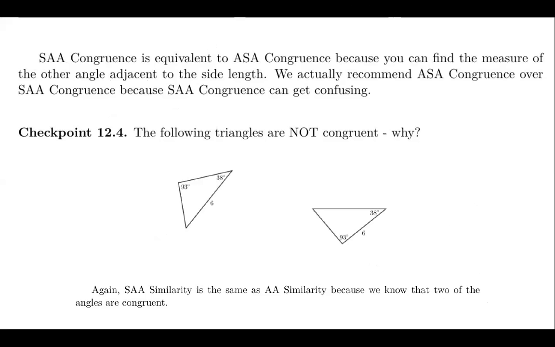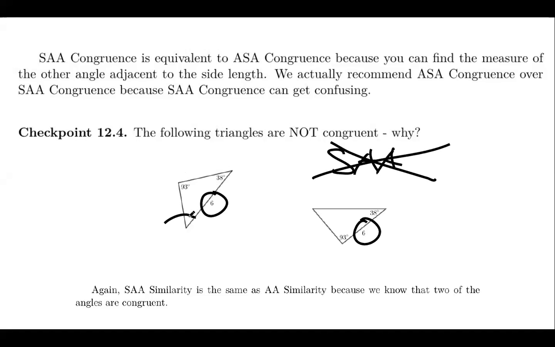Nancy says the side length is not between the angles. Right, so in this one, 6 is between 93 and 38, but in this one, 6 is on the opposite side of 93. So this is an example where SAA might get confusing. And that's why you always want to find the other angle here, and use ASA instead.